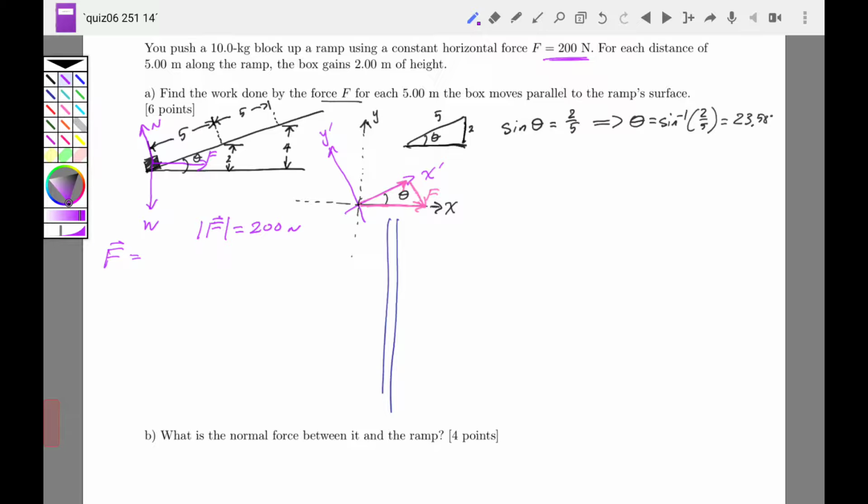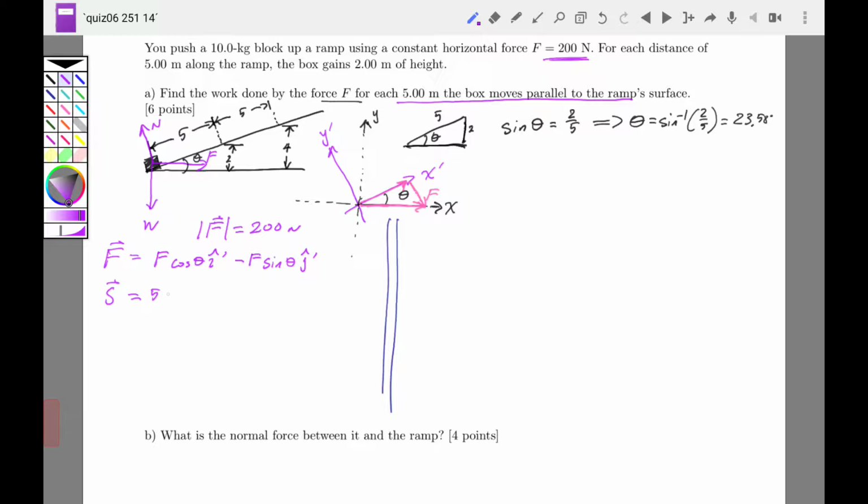So that is in the x direction F cosine theta i hat, but I'm going to put a prime, meaning I'm in the primed coordinate system. In the y prime direction I get a negative F sine theta j hat prime. The displacement vector, we're just talking about 5 meters parallel to the ramp surface.